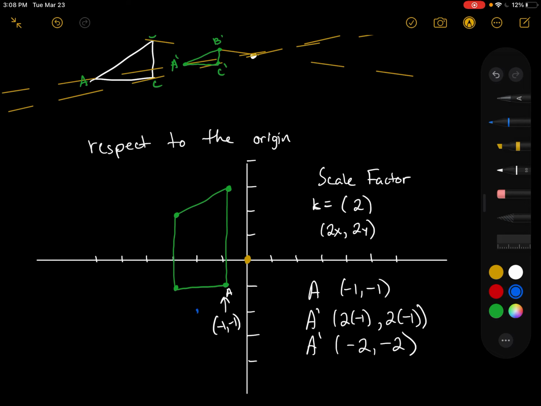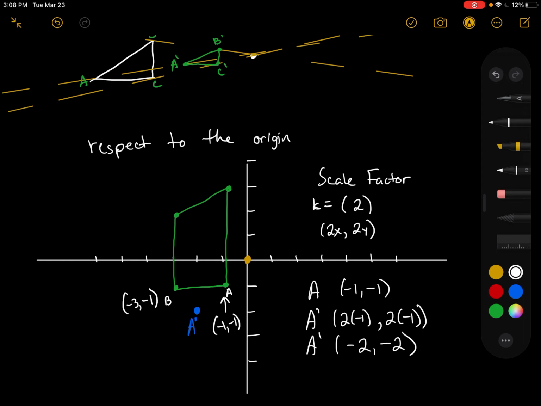So we can go ahead and actually redraw that point. So we go left 2 and we go down 2. So here is the image of A. And then we would continue to do that actually for all of our points here. So we would basically just go through one at a time for every single one of those XY coordinates. So we'll keep going.